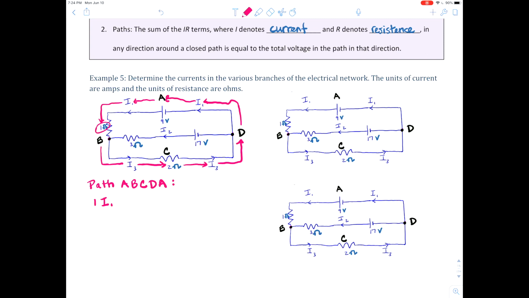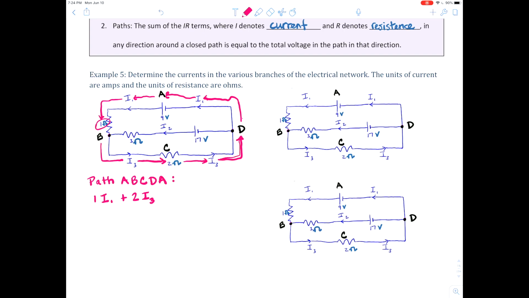Then as we go from B along I3, we hit the 2 ohms, so it'll be plus 2 I3. That goes along until we get back to our I1, and it ended up at the 9 volts. So these are the voltages we used.